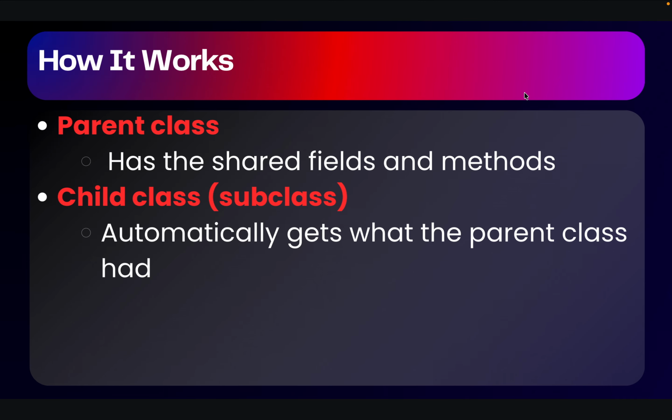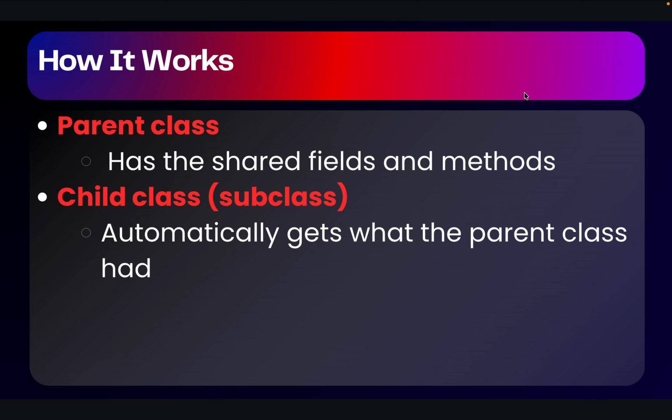This parent class is pretty much the first class you would make, and it's going to have some fields and methods that you believe can be shared in other classes as well. So that leads us to the child class, or the subclass, which is the class that would inherit, or automatically get, whatever the parent class has.